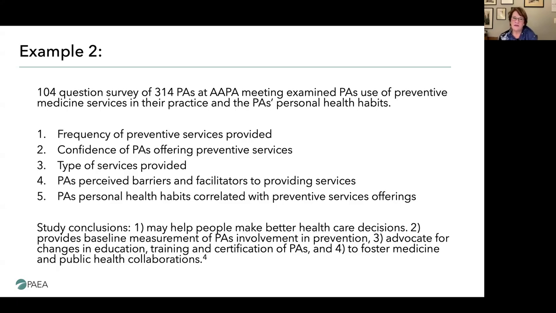The second conclusion was that it provided a baseline measurement of PAs involved in prevention. And they found in this case that about 50% of the PAs said that they participate in prevention or recommend prevention activities. And then the other two study conclusions related to advocating for changes in education, certification, and training of PAs and fostering medicine, public health collaborations.